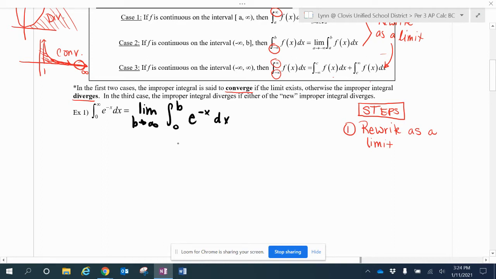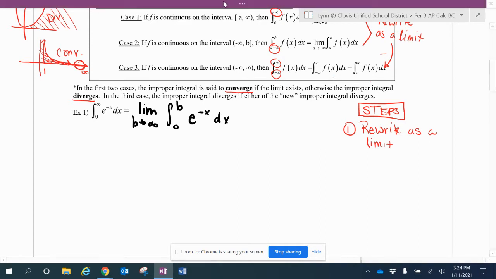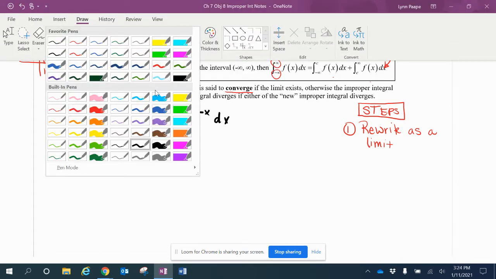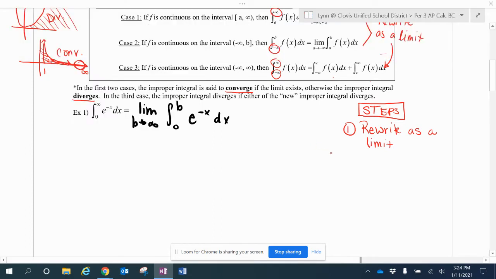So what I'm trying to investigate is, will this converge or will this diverge? I'm going to go through the process of actually solving this, and then we're going to take a look at an investigation component to see what this even means. So once we rewrite as a limit, then we're going to integrate and then evaluate.